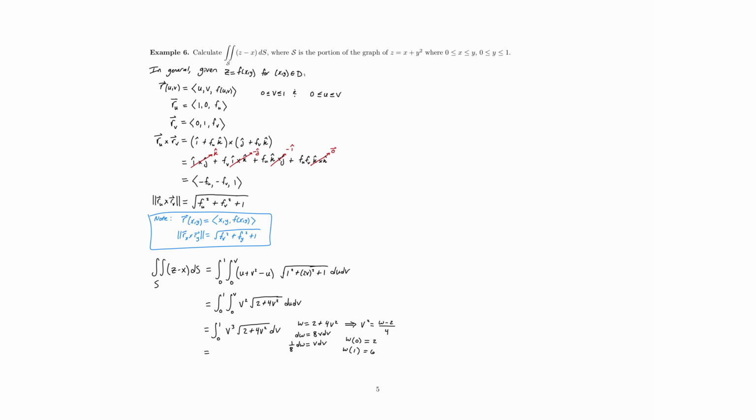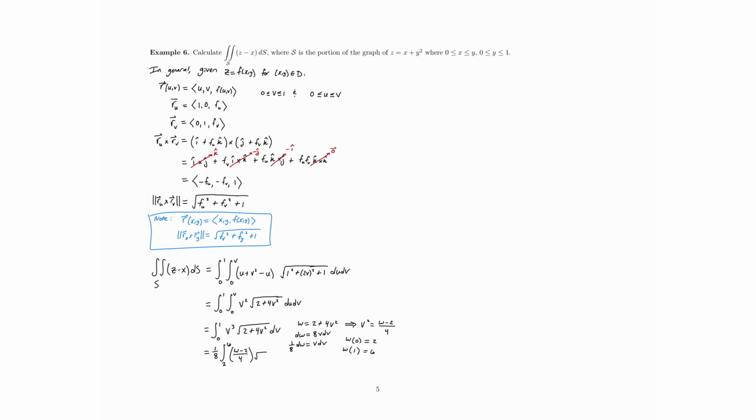So this would become the integral. We'll have 1/8 integral 2 to 6. We'll split v cubed up into v squared times v. This v will be paired with this dv, leaving behind a v squared term. So the v squared will get turned into w minus 2 over 4.